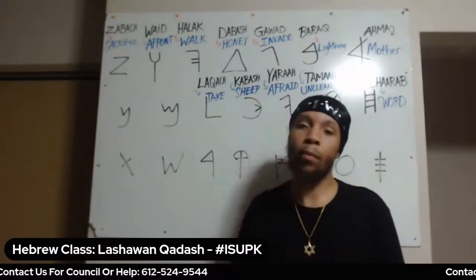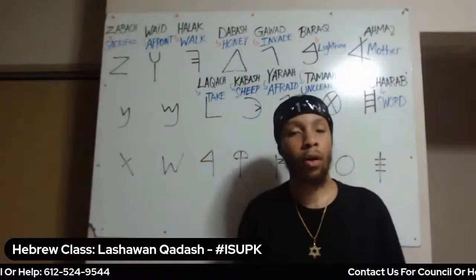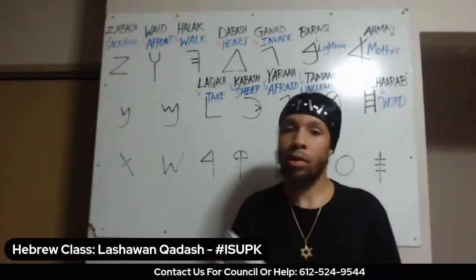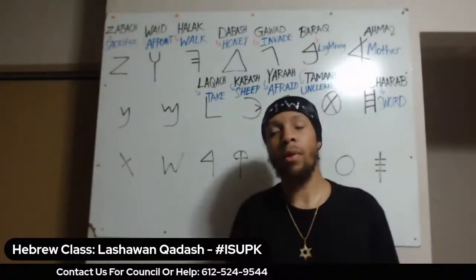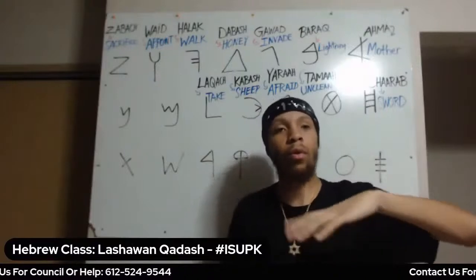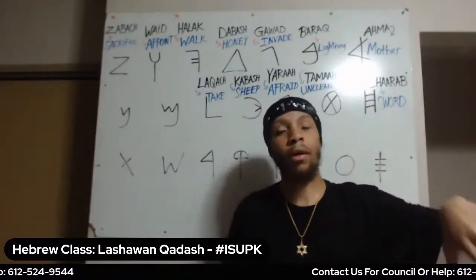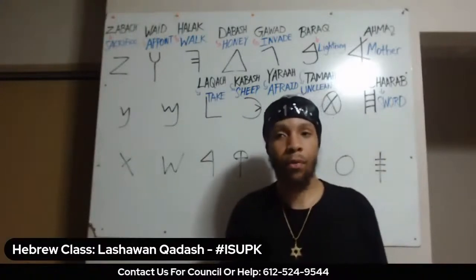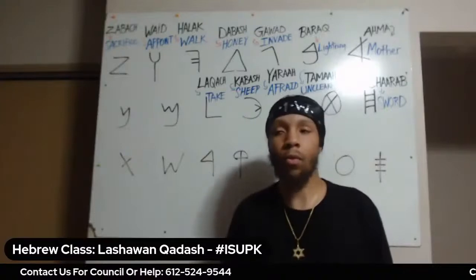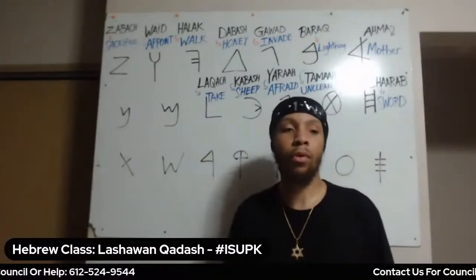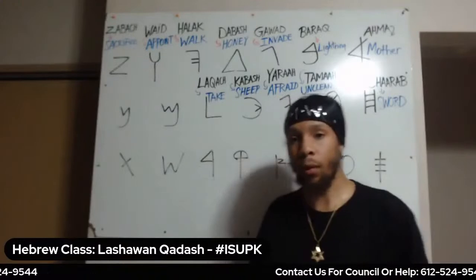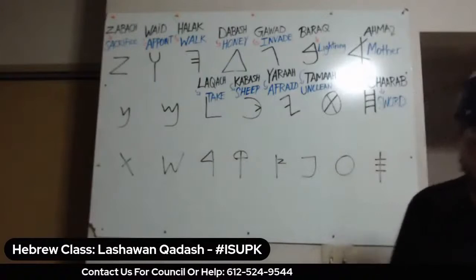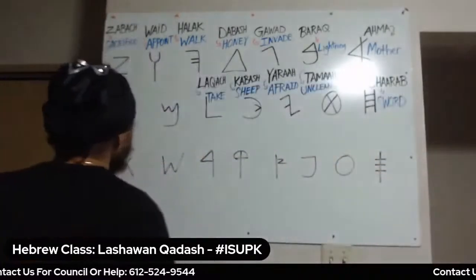Because if you don't, things can go bad. Things can go wrong. It could cost you your life or somebody else's life, whether that be your brother, your sister. And when I say your brother, your sister, meaning those that are round about you, those so-called Negroes, Latinos, and Native Indians that are right near you. Or it can cost your family's life as well. It can put you in jeopardy. So following orders is very important. If you don't, you will suffer the consequences, all right? So, laquak, take. Don't take anything unless you're told to, okay?